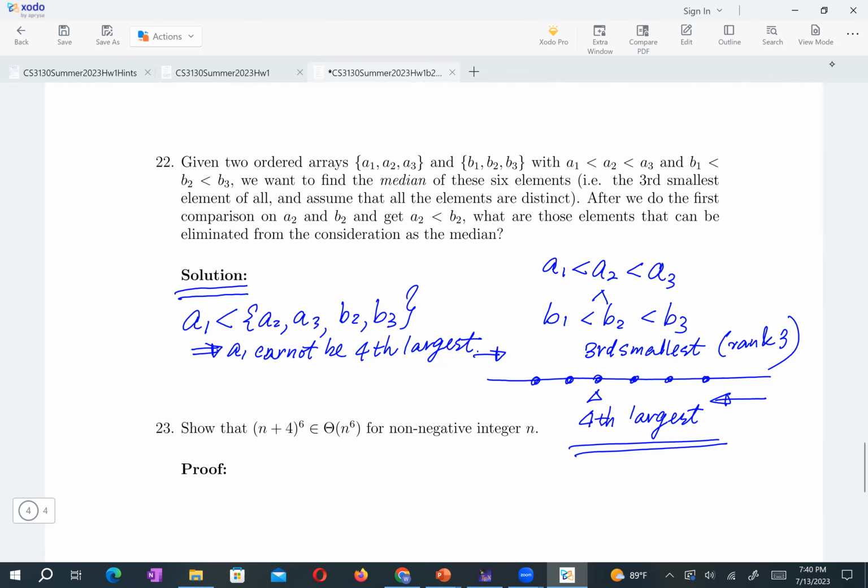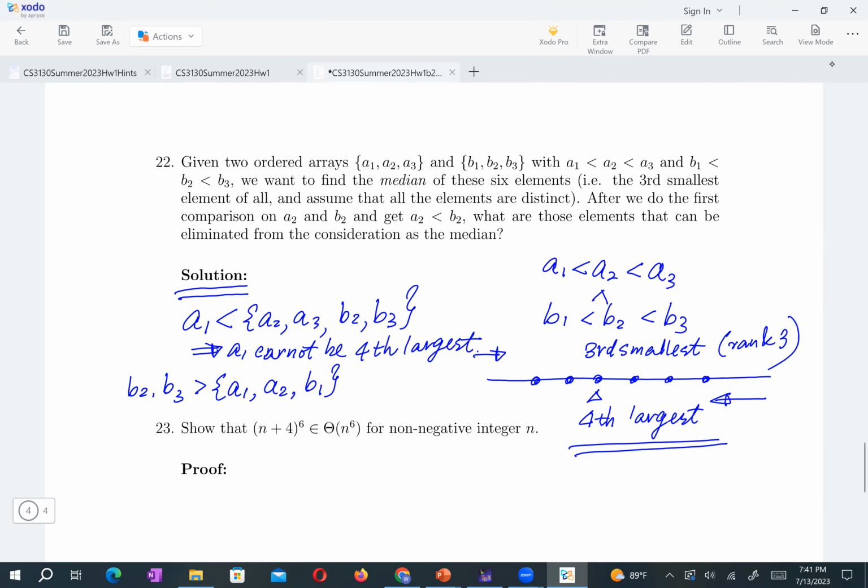Then let's look at the third smallest. B2 and B3 are greater than A1, A2, B1. B2, B3 are greater than B1, given the condition. We know B2 is greater than A2, and A1 is less than A2, so B2, B3 should be greater than A1. So they are greater than at least 3 elements.